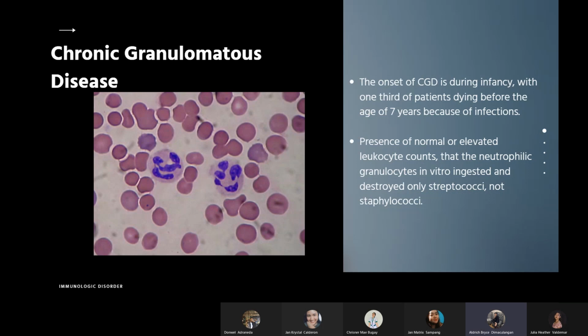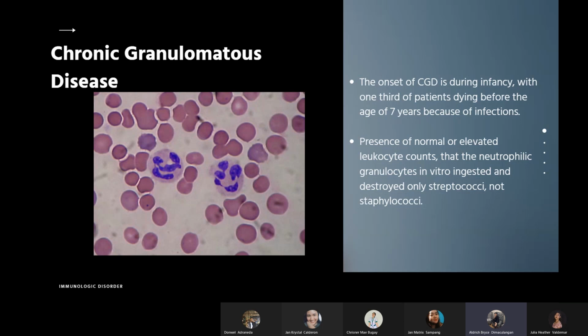It was observed in the presence of normal elevated leukocyte counts that the neutrophil in vitro ingested and destroyed only streptococci. Yung streptococci kasi natin, siya yung infection in our blood. So, yun yung na-eliminate dito sa disease na to, yung streptococci natin sa blood na-eliminate agad.